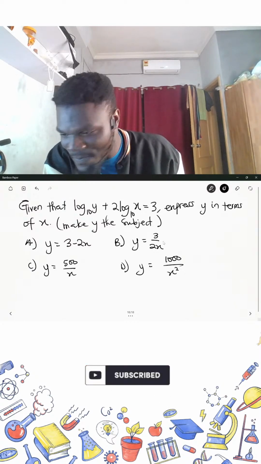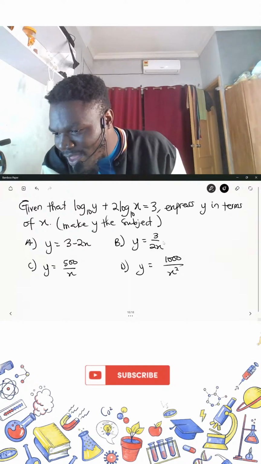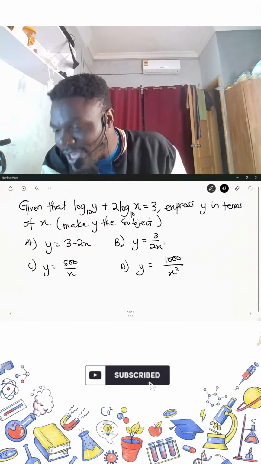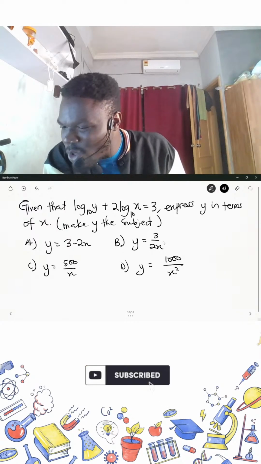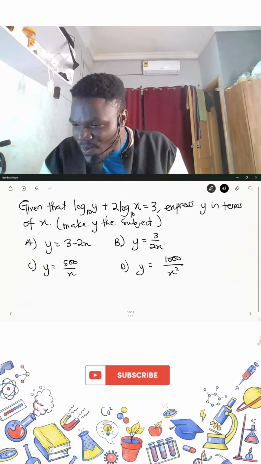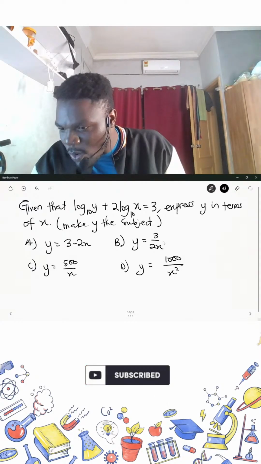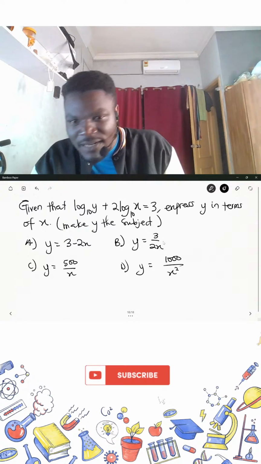Suleiman, are you getting 10 raised to the power 3 over x squared? Is it option D that you are also getting? Okay, Vishal is saying y is equal to D, so it's option D.